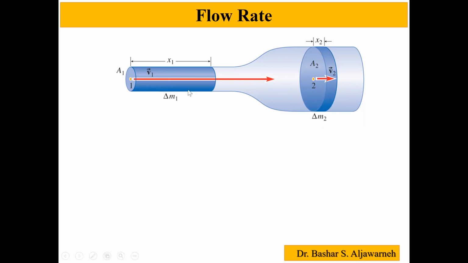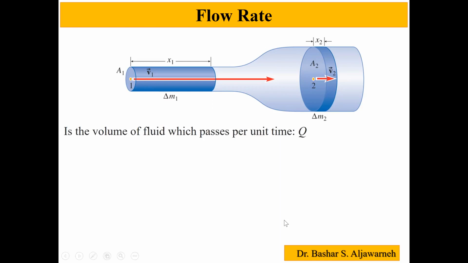If the fluid enters the entrance of this tube, then an equal amount must leave the exit of this tube. Therefore, we call this principle the continuity equation, which means the flow rate at the entrance equals the flow rate at the exit.